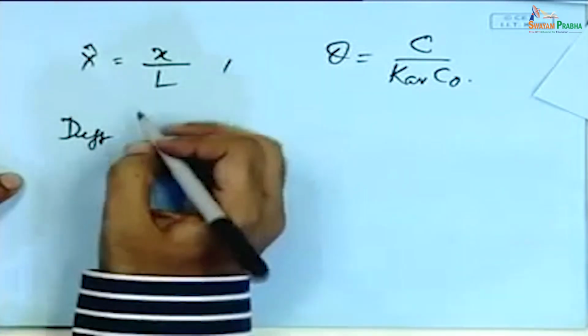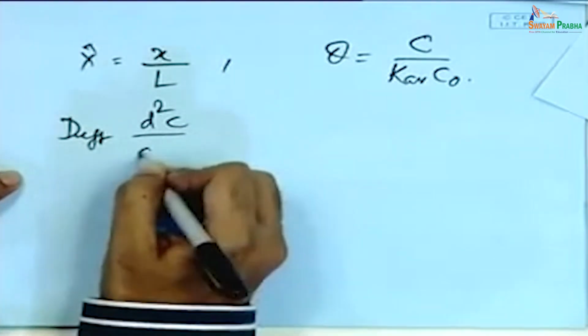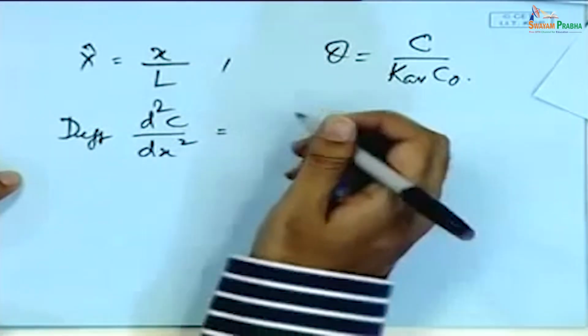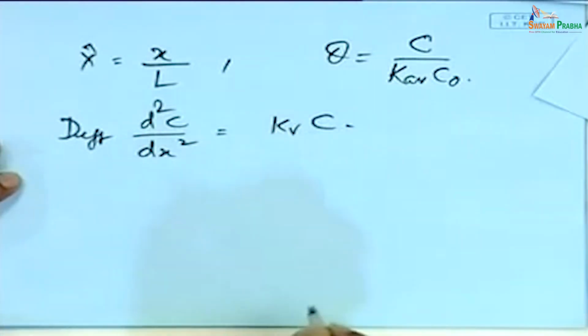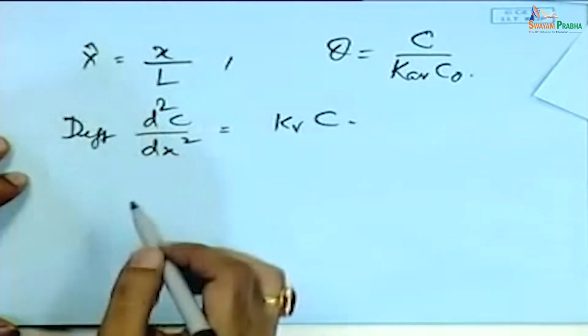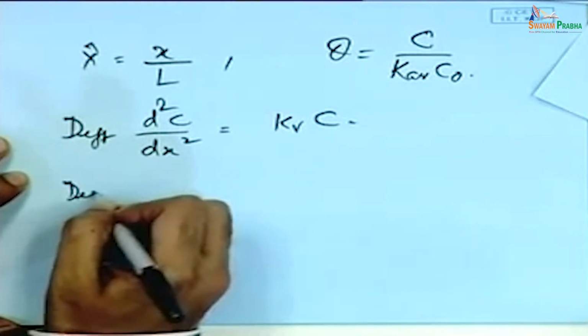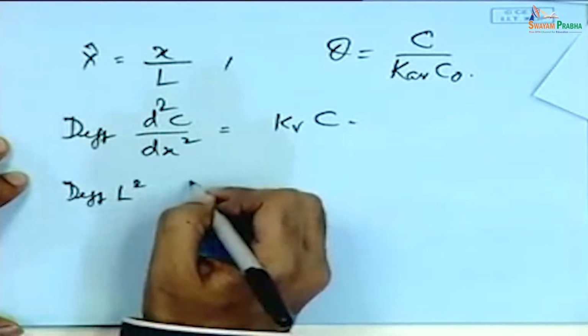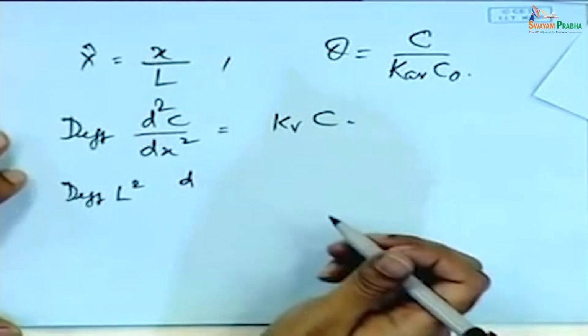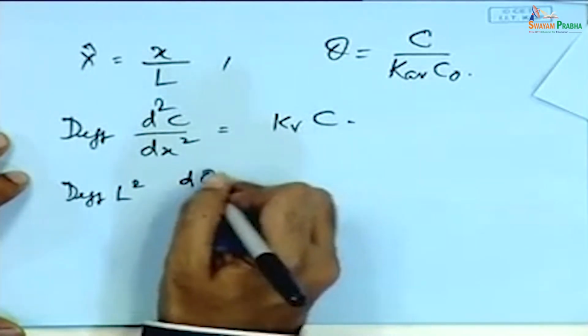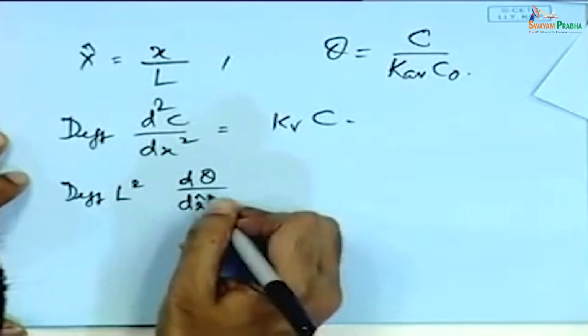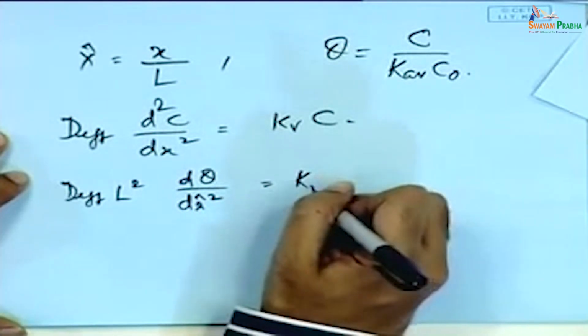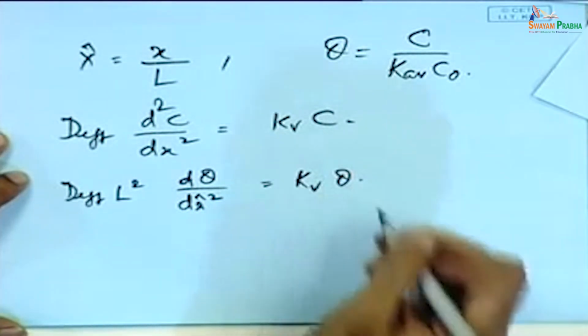So D effective times del 2 C del x square equals kV into C. This is how we define x hat. So you get D effective over L square del 2 theta del x hat square equals kV into theta.